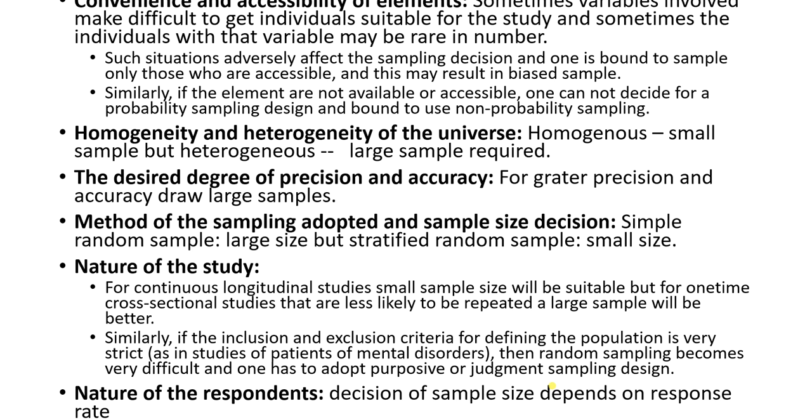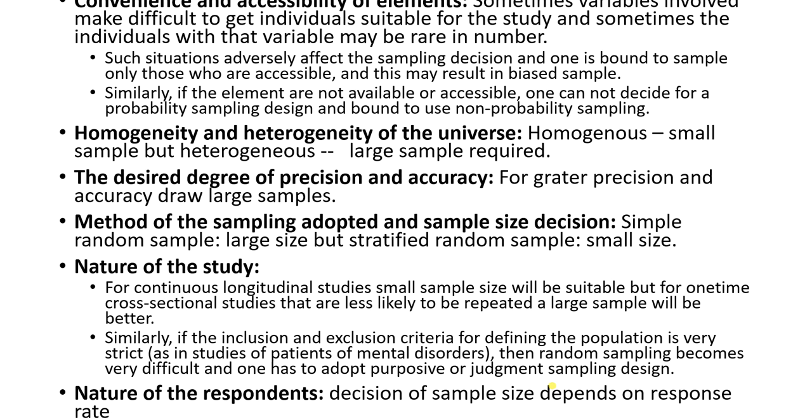Similarly, homogeneity versus heterogeneity of the population is another factor. If the population consists of units which are very homogeneous, then we can go for a very small sample because that will form a representative sample.